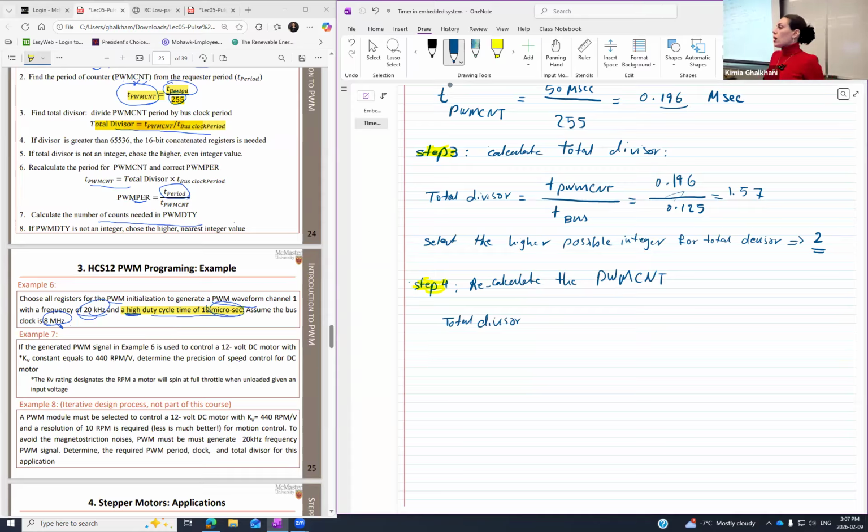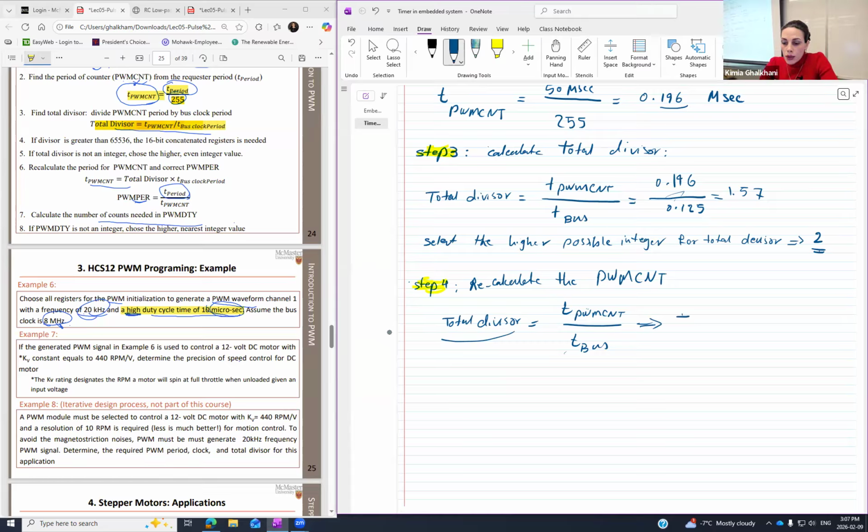Now I have the total divisor, so I'm going to recalculate. It's going to be T PWM CNT over T bus. We already did it one time, and in step 4, we can recalculate. Now I'm going to rearrange because I'm looking for this one. And I do have the total divisor. I calculated it, it's going to be 2.